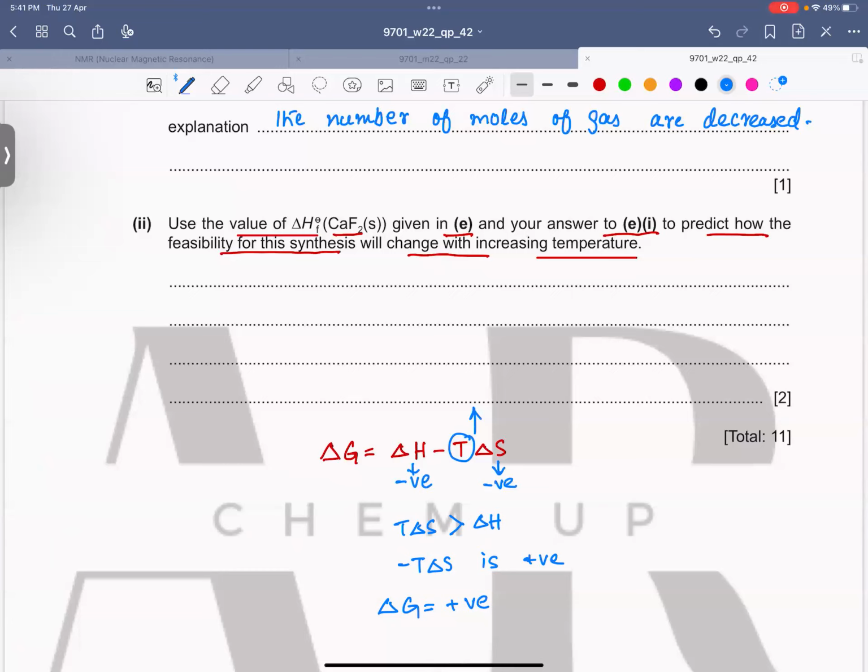So I can write that T delta S gets more negative and delta G more positive on increasing temperature.